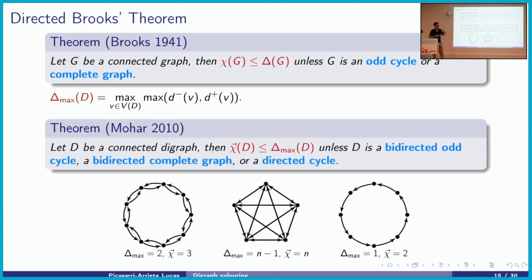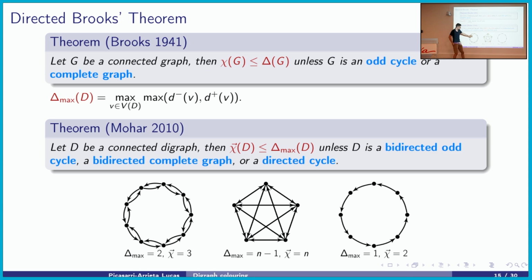And then again, you can ask what is happening for digraphs. And for this, you first need a definition of the maximum degree in a digraph. So we will first consider the maximum degree of a digraph to be delta max of D, which is the maximum over every vertex of the maximum between its in and out degrees. And with this definition, Mohar obtained a generalization of Brooks' theorem, which says if you take a connected digraph, then its dichromatic number must be at most delta max, unless D is one of the following obstructions.